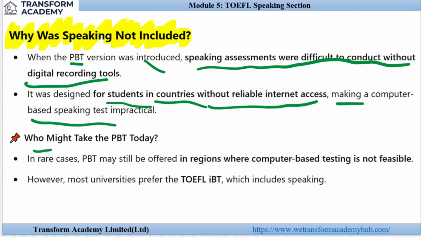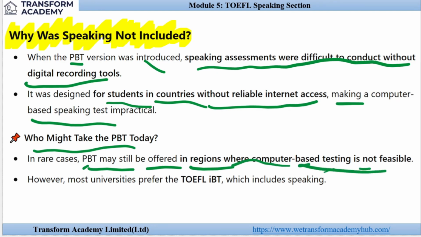Who might take the paper based test today? In rare cases, paper based may still be offered in regions where computer based testing is not feasible. However, most universities prefer the TOEFL iBT, which includes speaking.